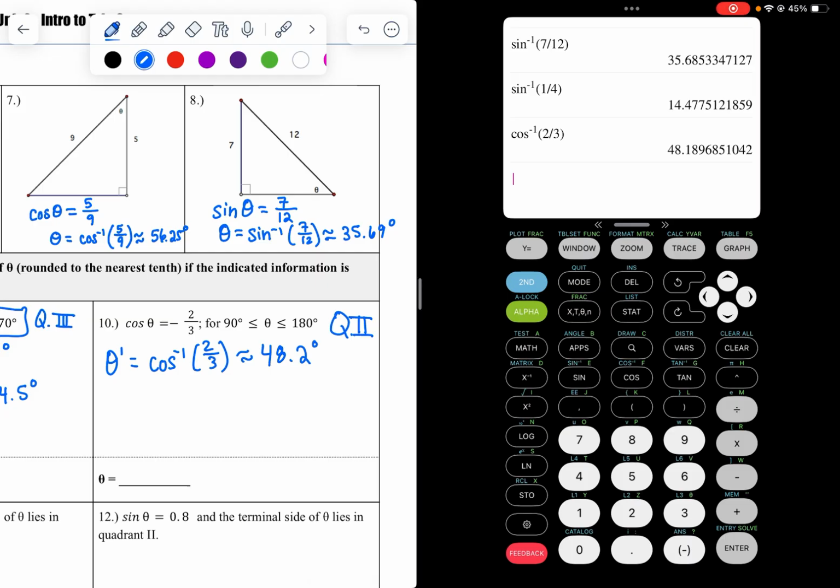But again, that's in quadrant 1. We need it to be in quadrant 2. So for quadrant 2, we do 180 degrees minus the reference angle. And so we do 180 degrees minus 48.2 degrees. We're going to get 131.8 degrees.